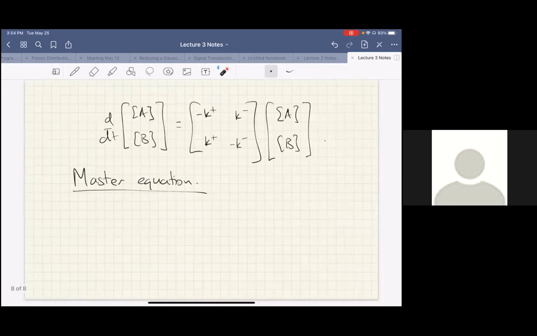And then you have the master equation. Eventually, like I said, this rate matrix will become important in terms of the Markov analysis of these systems. In the next lecture, we're going to look at the eigenvectors and eigenvalues of the master equation and how they relate to the steady state solution, among other things.